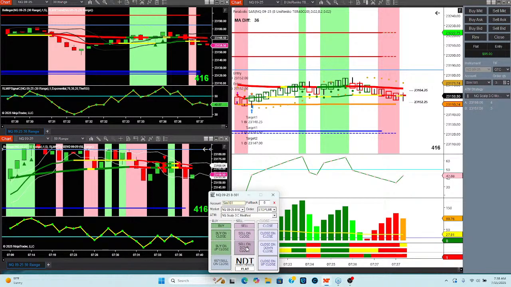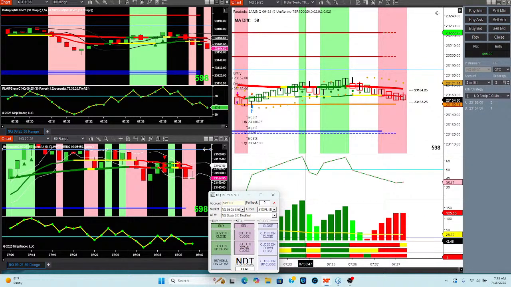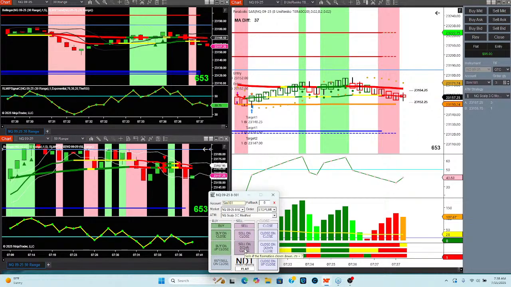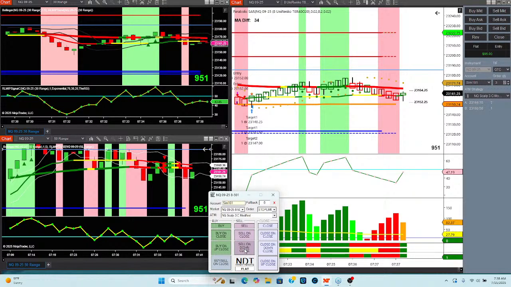Sometimes there's a place for it, but this has been one of my favorite tools to use, because there are times when I'll just want to buy or sell, like you can do here, buy or sell market. Nope, still chopping.